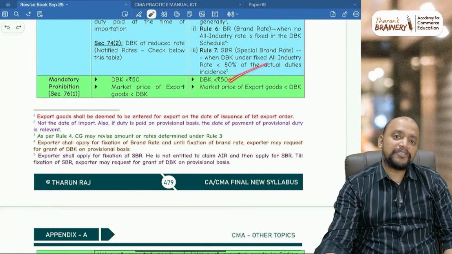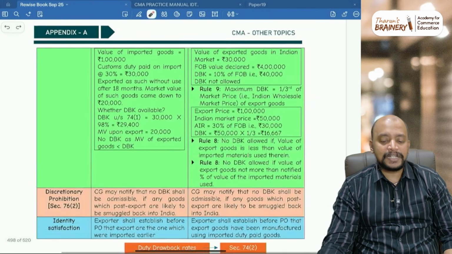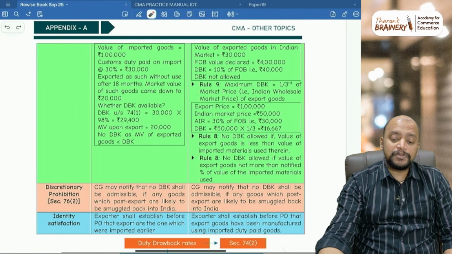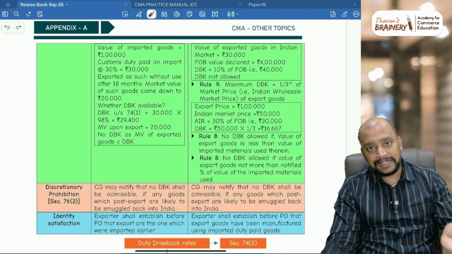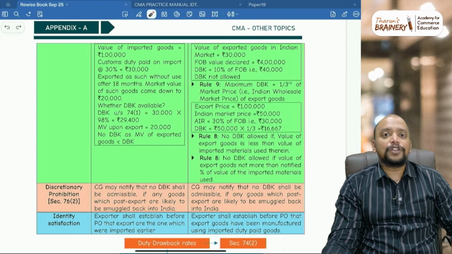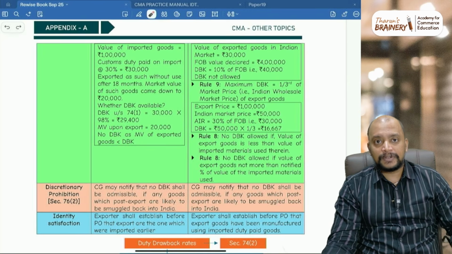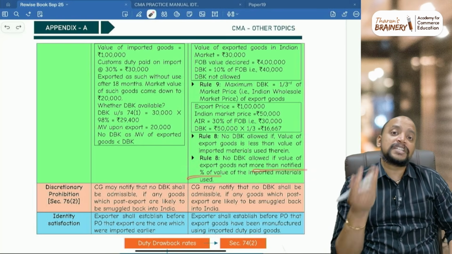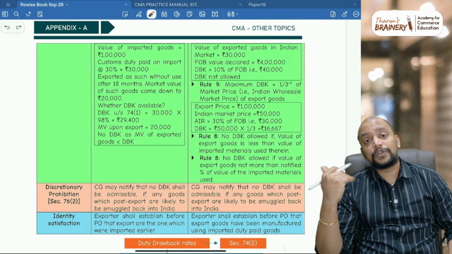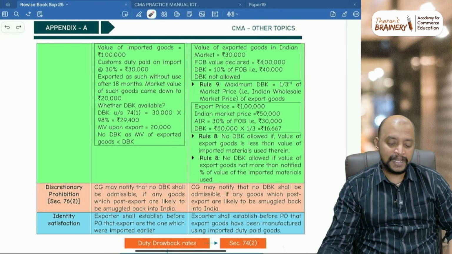So duty drawback less than 50, market price of export goods less than duty drawback, maximum duty drawback is 1/3 of market price, and no duty drawback allowed if the value of export goods is less than the value of imported materials, means negative value addition. No. Suppose if there is a notified percentage, you should achieve that notified percentage. More than that, then only duty drawback is available.